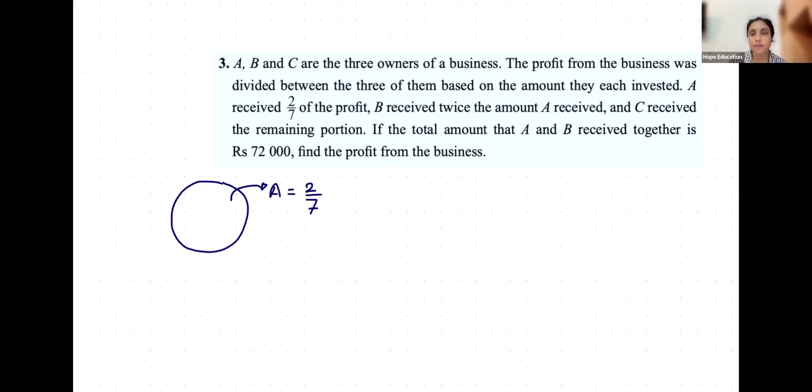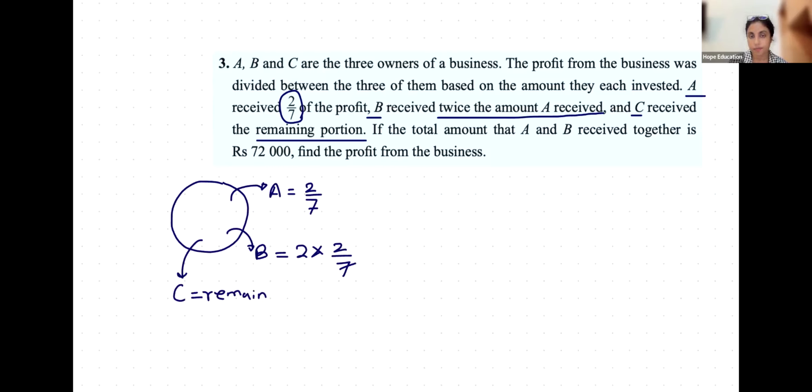B received twice the amount A received. That means A got 2/7, so B got twice of 2/7. Then C received the remaining portion. If the total amount that A and B received together is 72,000 rupees, find the profit from the business.